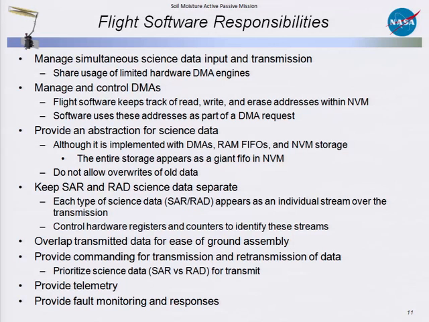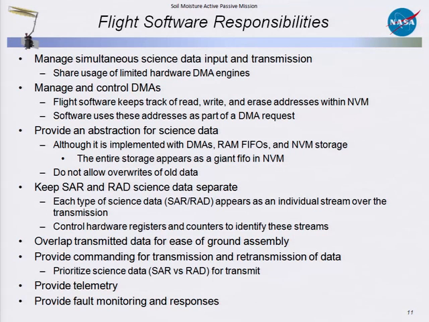As I mentioned before, there are potentially 3 DMAs that might like to happen at the same time, but we have limited hardware resources. So it's flight software's responsibility to arbitrate between the possible 3 requesters of the DMA engine and perhaps a fewer number of DMA engines actually available in hardware for use. So flight software has to arbitrate that resource.